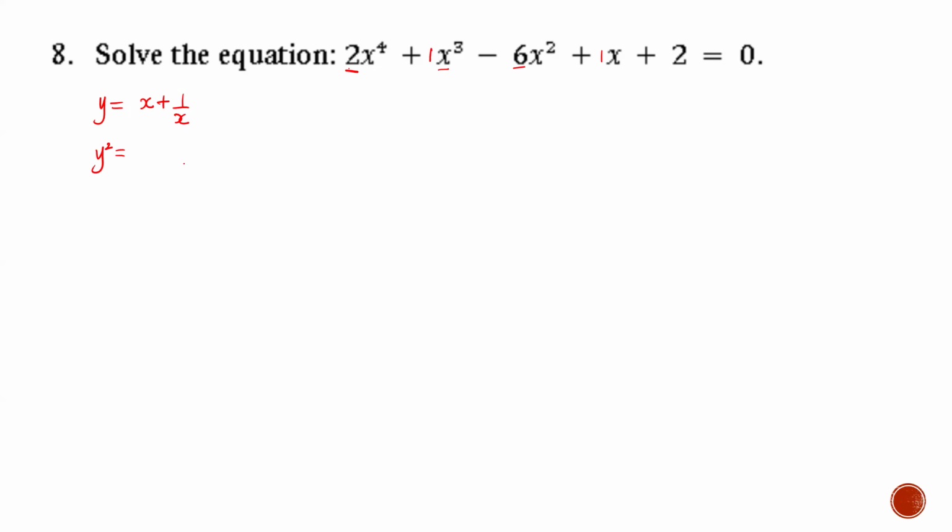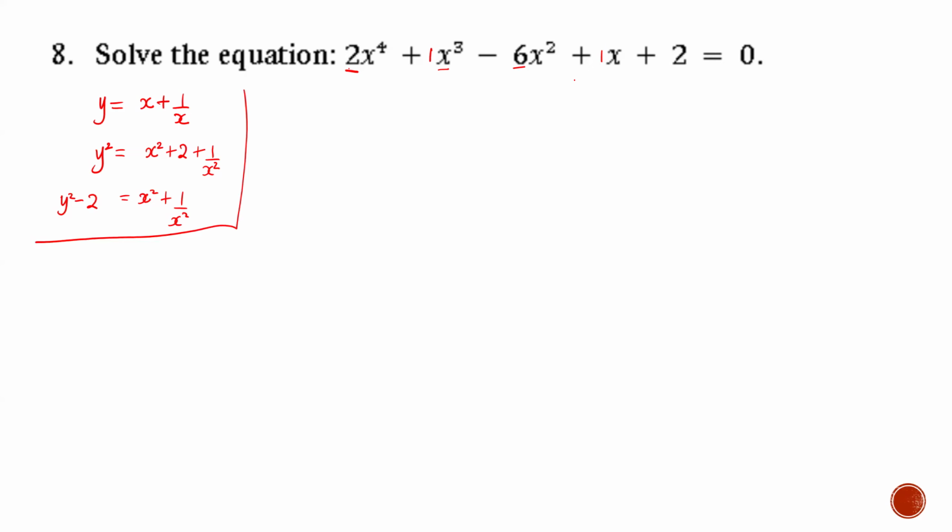Now, if y is equal to x plus 1 over x, y squared, if you just expand, is going to be x squared plus 2 plus 1 over x squared. Because I'm going to be substituting for the x squared, it helps me to take the 2 to the left so that I know how this is going to work out. So whenever I see x squared plus 1 over x squared, I know it's y squared minus 2. Whenever I see x plus 1 over x, I know it's going to be y. So this is the substitution that's going to help us to solve this equation.